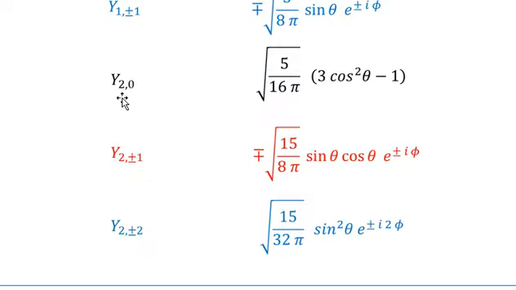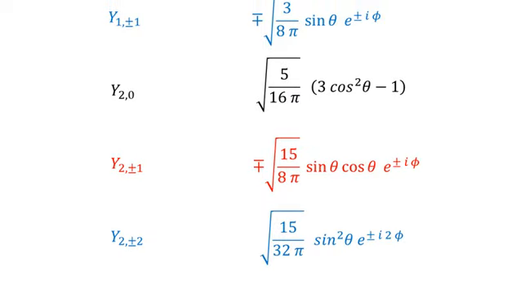So when the orbital quantum number is 2, the five values of m will be 0, plus minus 1, plus minus 2, and these values have been shown also. So you see that the full form and these values are shown for the hydrogen atom. And these are the angular wave functions used for the hydrogen atom, known as the spherical harmonics.